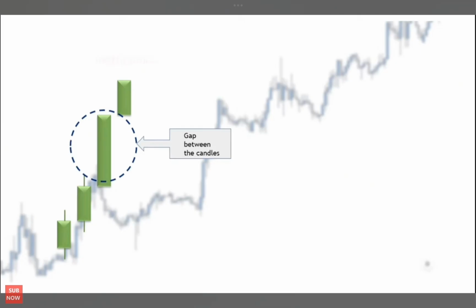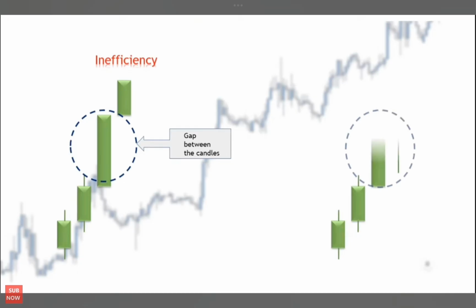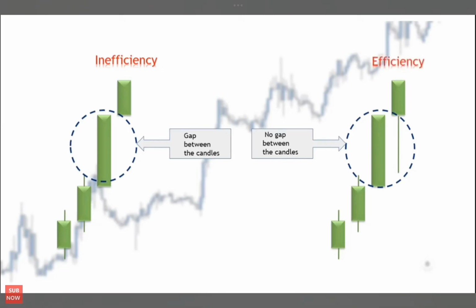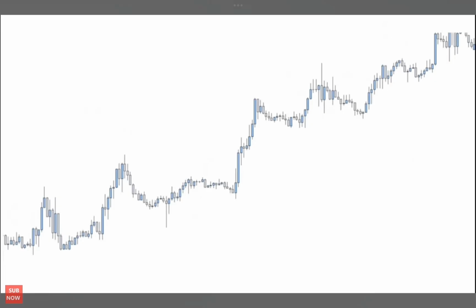We call this inefficiency. But at the right corner's candles, there is no gap between the candles, which is called efficiency. Let's take a look at the chart and see whether we can spot the inefficiency and the efficiency in the market or not. As you can see here, there is a gap between the bullish candles, which we consider as the inefficiency.